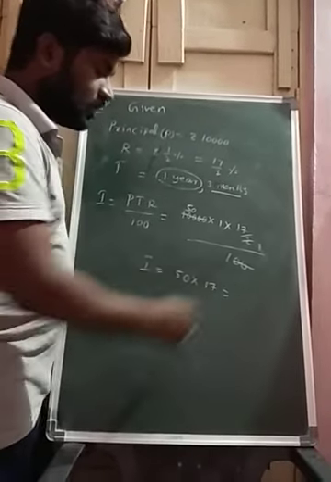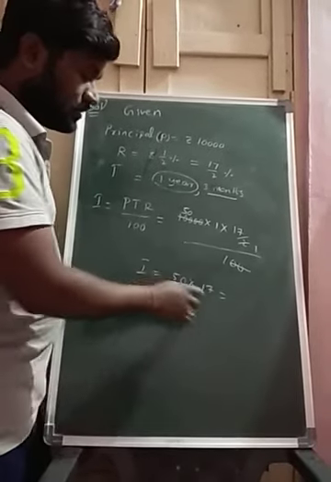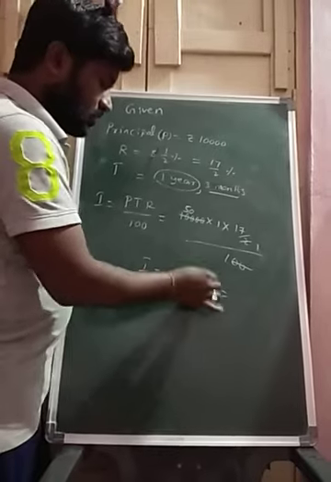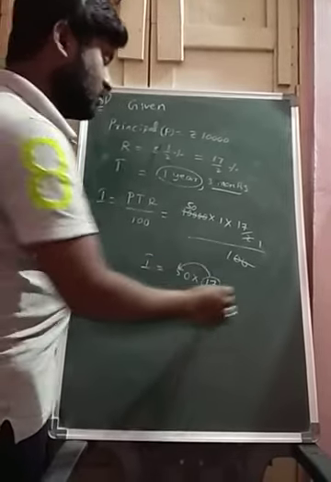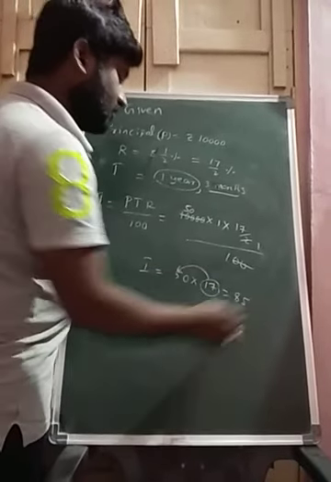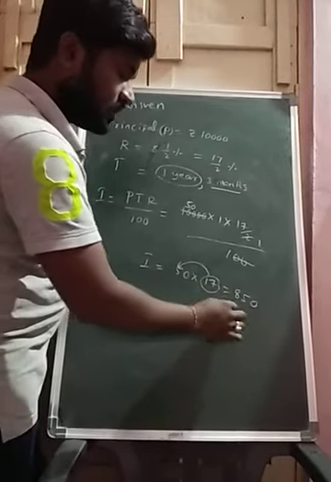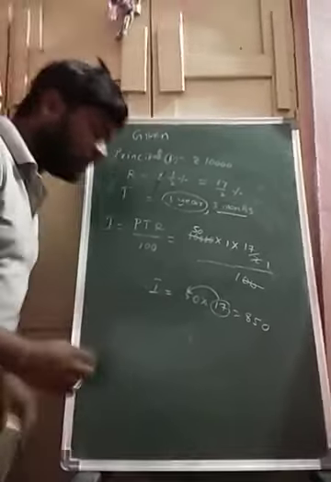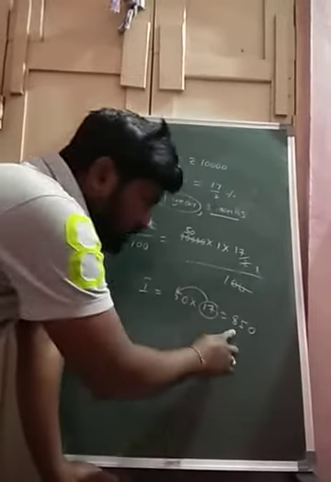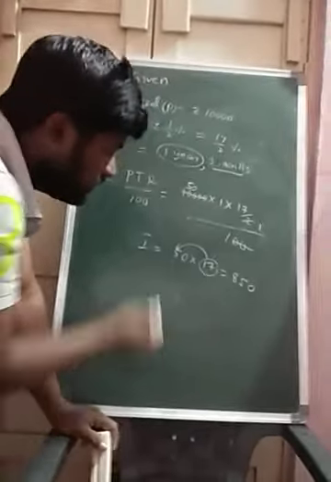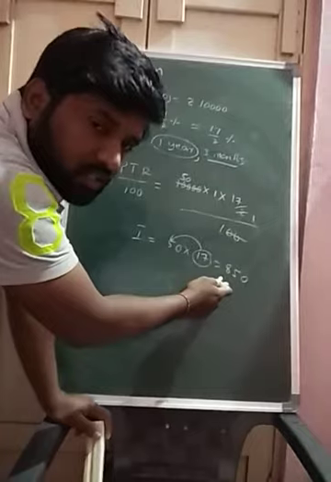Now what are 17 5s? 17 5s are 85. 0 is there. So 17 into 50 means 850. So we get interest is equal to 850.